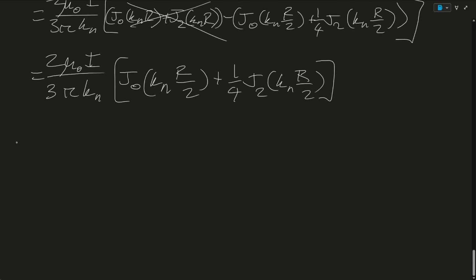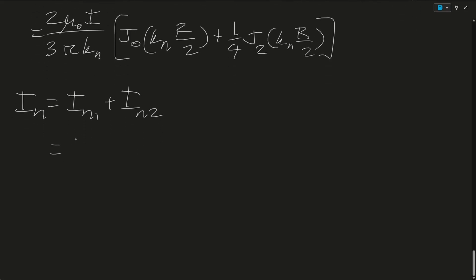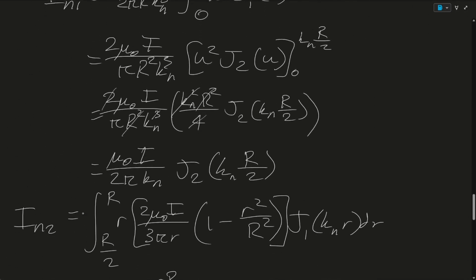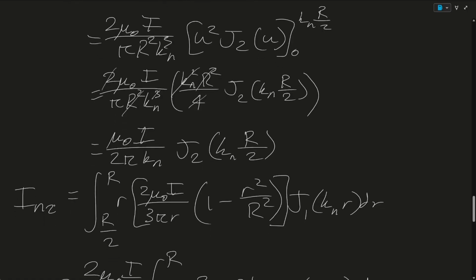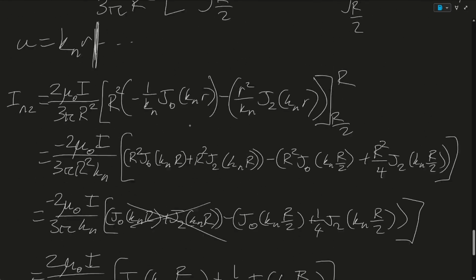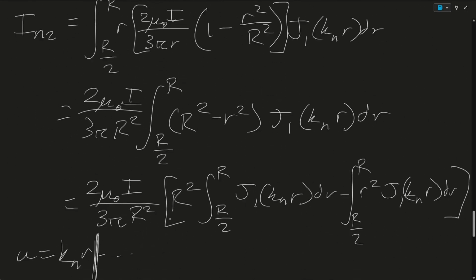Brilliant. Now, of course, we have to find the total. So In plus In2. What do we do? Add them together. Gotta try and remember this. Mu naught I over 2 pi Kn J2 of Kn r over 2, I'm guessing. I guess correctly.